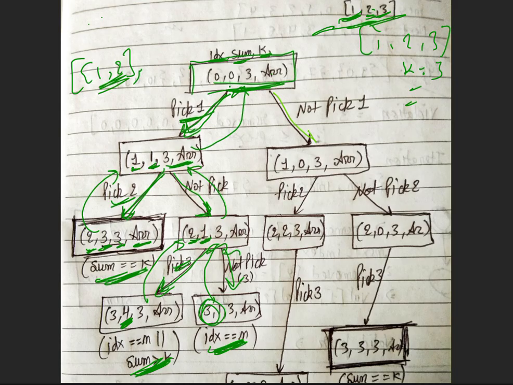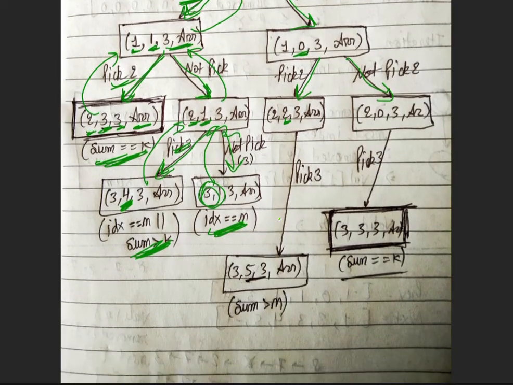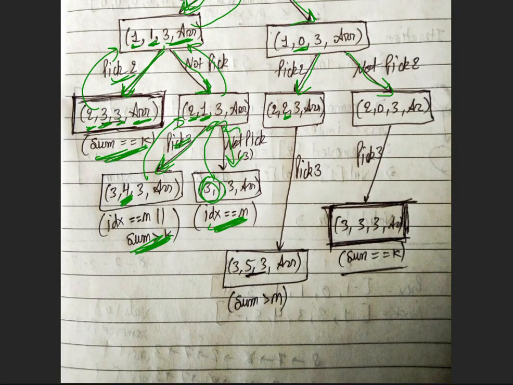And now not pick of 1. In not pick of 1 our sum is still 0 only. Now here we take two cases, pick of 2 and not pick of 2. If we pick 2, our sum becomes 2, and then we move to the second index.